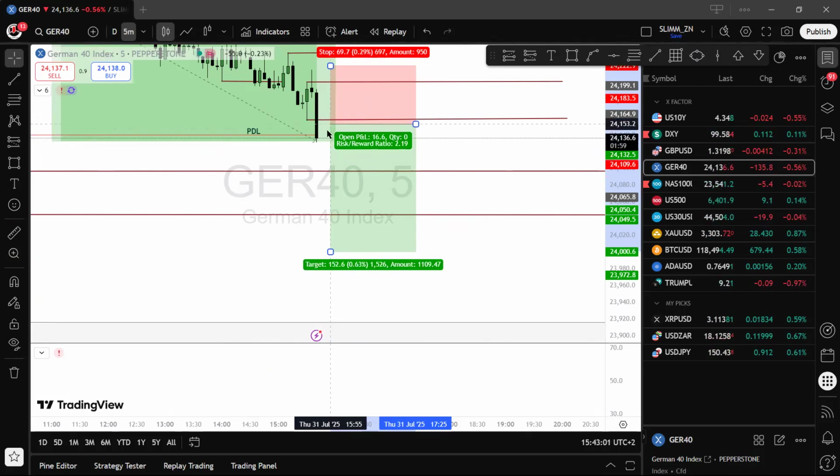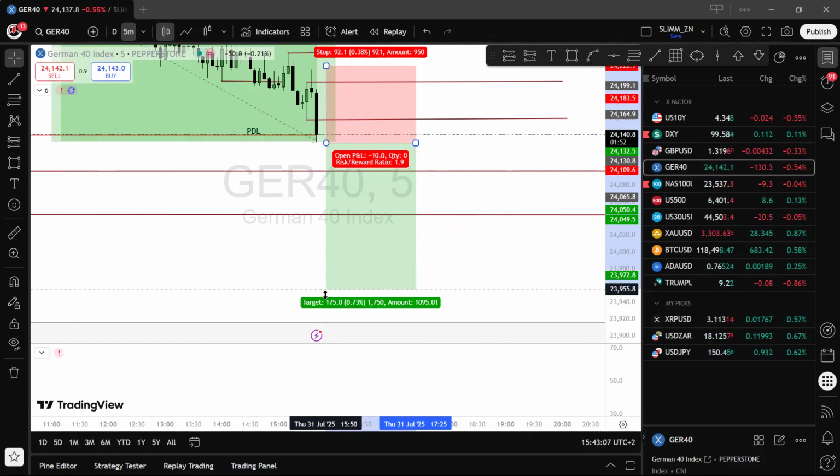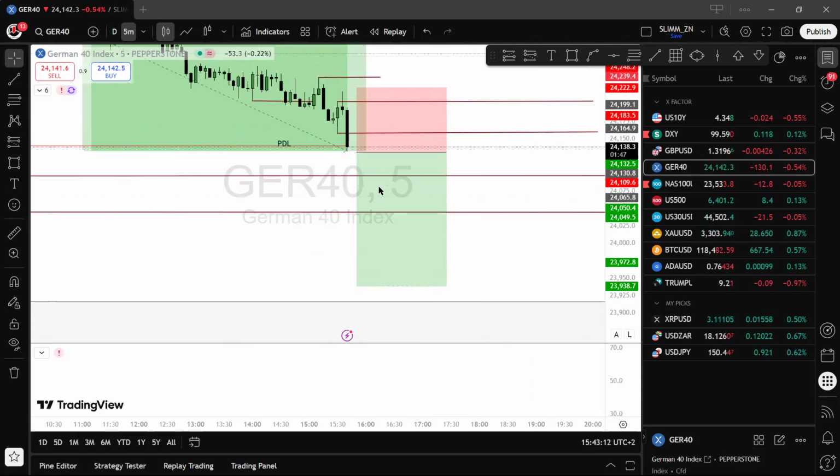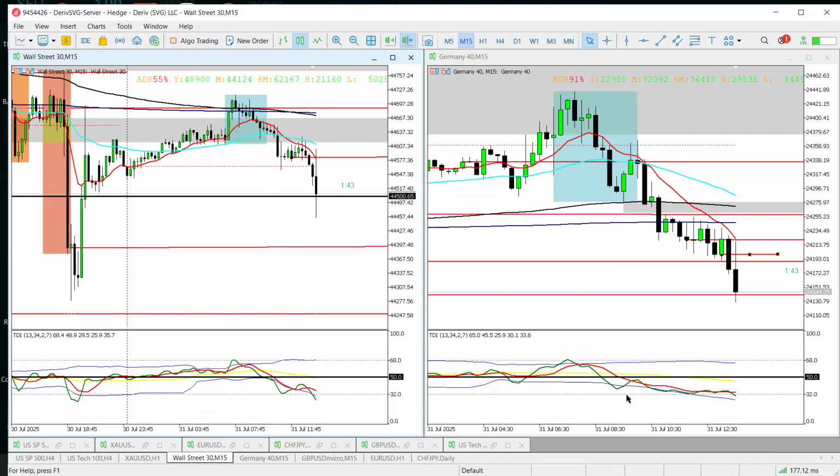A 1:2 is almost impossible, but let's see where this candle closes. Then we are going to try to look for a 1:2 RR. So between the two, I'll take one. Between these two assets, I'll have to take one, not both of them.